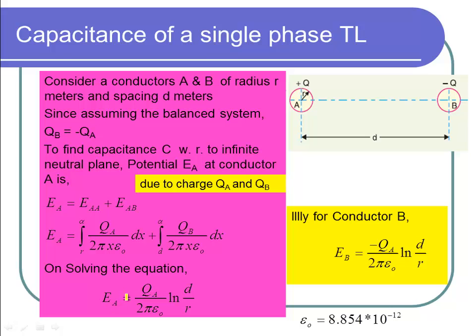In the same way, to calculate the capacitance for conductor B to the infinite neutral plane, we get EB equal to minus QA by 2 pi epsilon naught ln d by r. So minus QA, or otherwise you can call it simply positive QB.